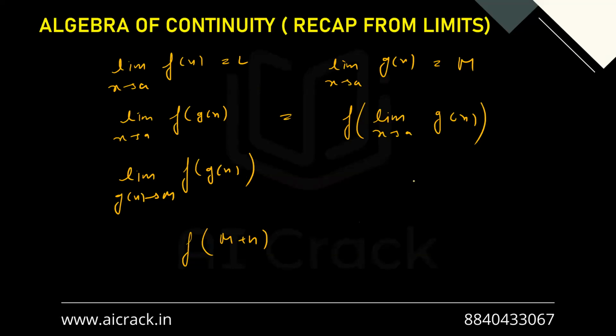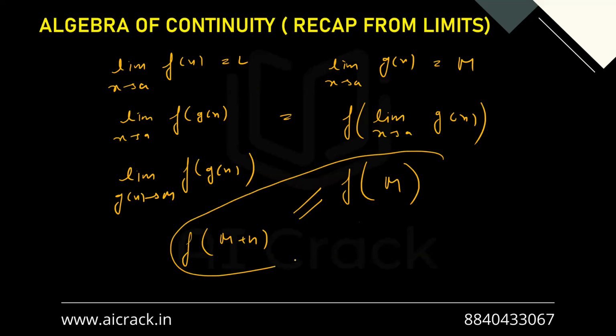Now let us look at the right hand side, that is this part. Over there, we are saying this is f of limit as x approaches a of g(x), and that limit is nothing but m. We are saying that these two values are equal. Now remember the basics of continuity. These two are going to be equal only when the function is continuous, right? This is the approaching value, this is the function value.